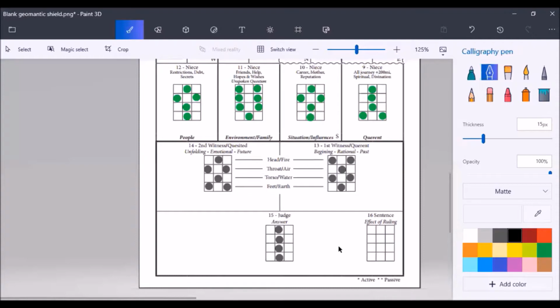Because obviously, I mean, you could just Google some what they call lookup charts. Okay, favorable witness, favorable judge, okay, favorable outcome. But do not devoid that of your intuition. So you have to look at these carefully and study them, because this is going to provide the background for the whole chart.